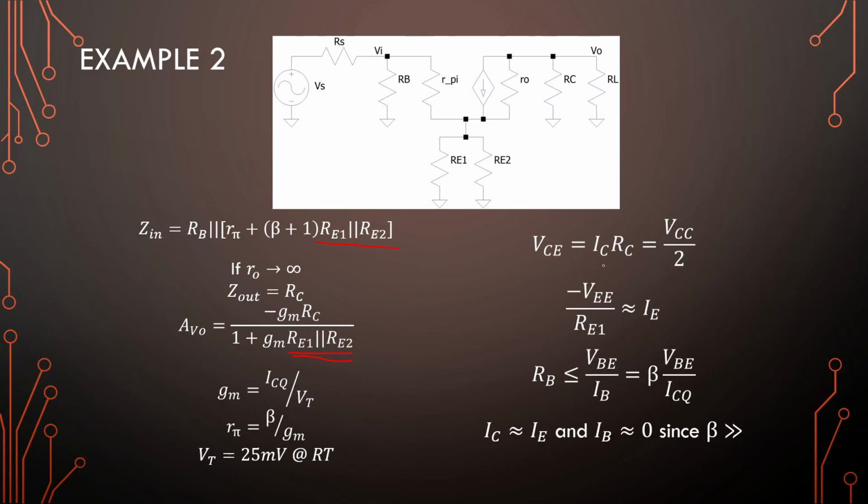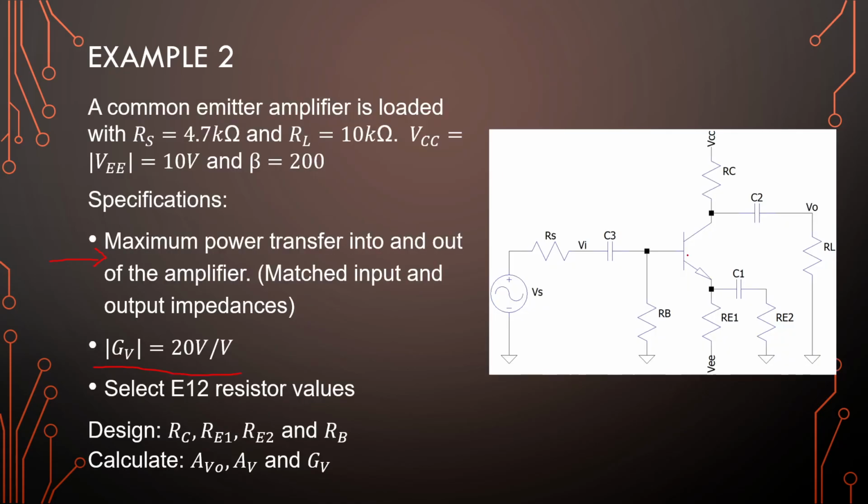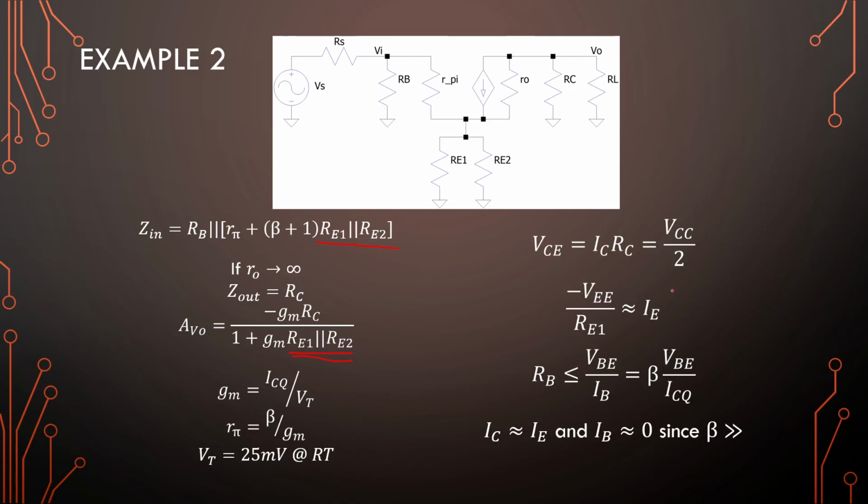Then VCE is ICRC is VCC over 2. Remember what I said. These two voltages is the swing, and down here is the bias stabilization. So VEE over RE1 would be approximately our IE value.